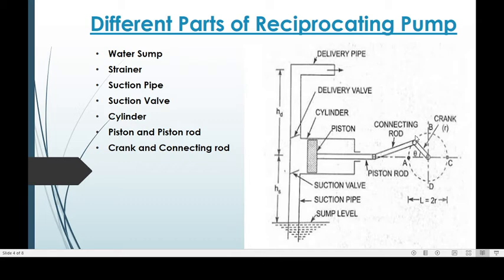So here the crank is moving in a rotary motion and the piston is moving in a linear motion, that is forward and backward. When the crank makes an angle of 180 degrees, the piston is in this position, and when it makes an angle of 0 degrees, the piston moves here.